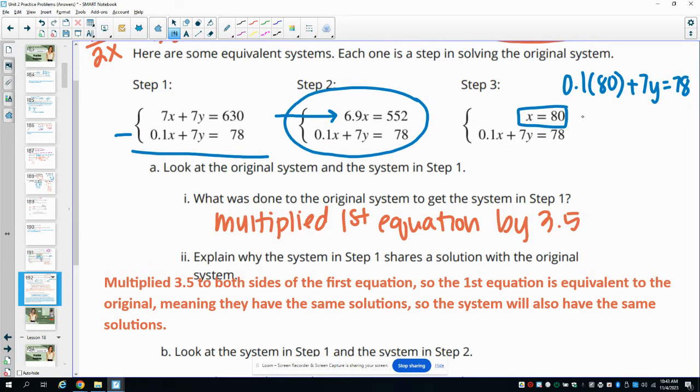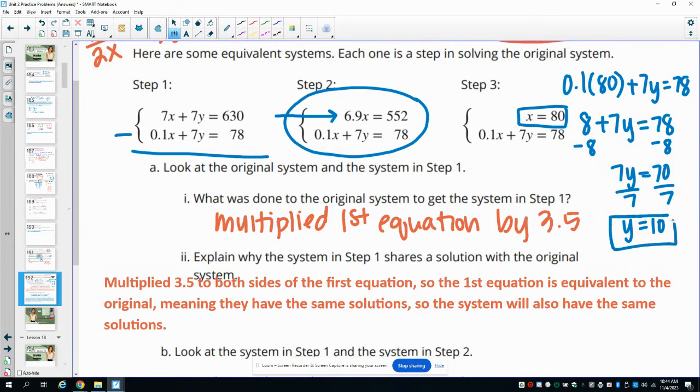So 0.1 times 80 would be 8. Plus 7y equals 78. So we'll subtract 8 from both sides. So 7y equals 70. Divide by 7, and we get y equals 10. So our solution would be 80, comma 10. So there would be our solution to that system.